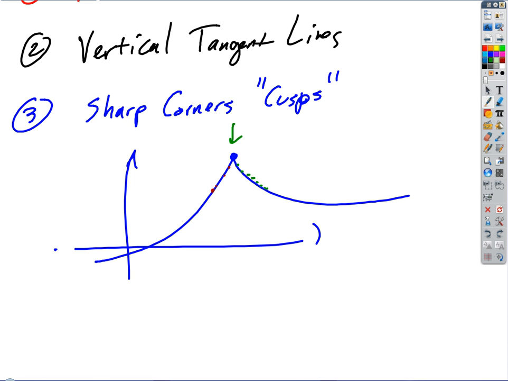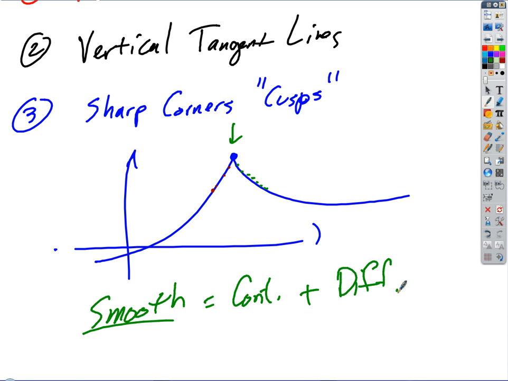The word is called smoothness. Okay, so here's what we say. We say that a function is smooth, and that's such a great word, because it's exactly what it looks like. Smooth equals continuous plus differentiable. This function is continuous, right? Yeah. But it's not differentiable. No. Because there's a sudden change in the slope.